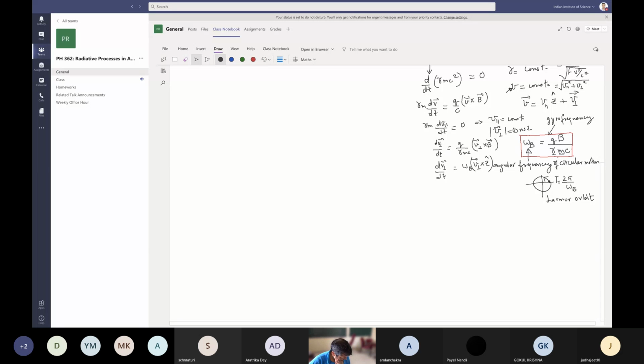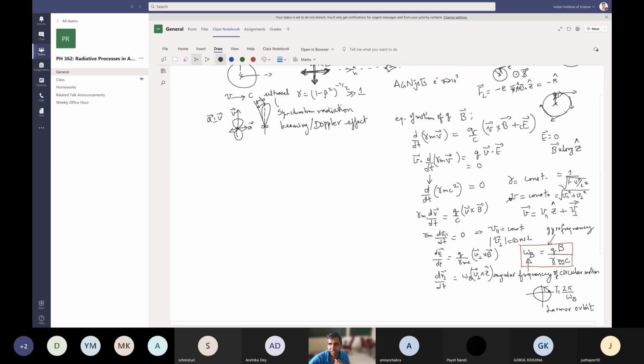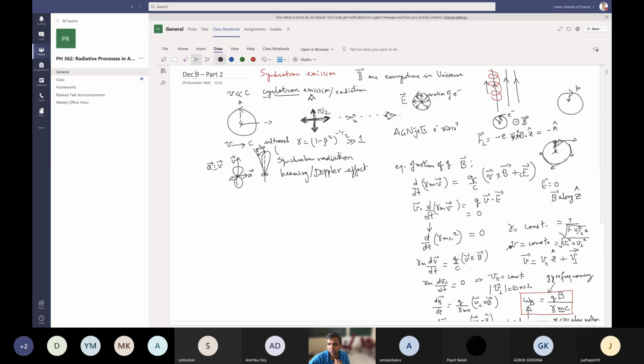The motion, which I already showed, in the presence of a magnetic field is this helical motion, which is a combination of the circular motion in the perpendicular plane and a constant velocity motion along the direction of field lines. And this can move either up or down, depending on its initial conditions, for example.